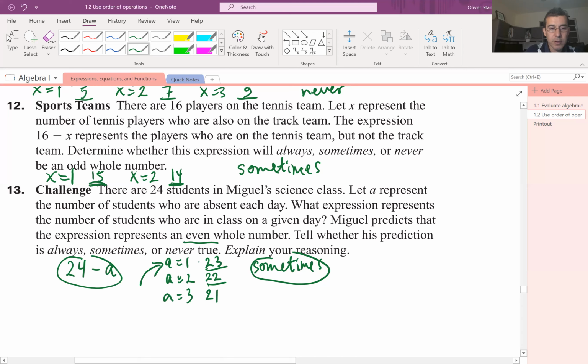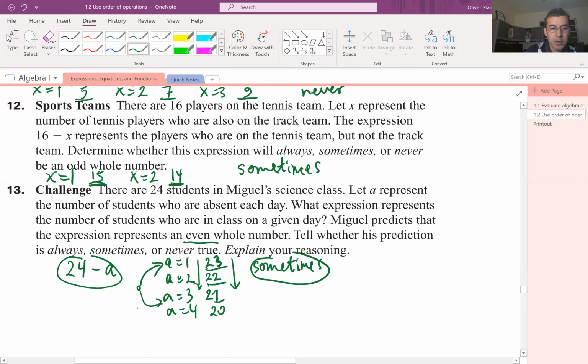You can see it's always increasing by 1 here, and here it's decreasing by 1. Okay, so we can just keep going, but it's always going to be this is increasing by 1, this is going to be decreasing by 1, right? Because 24 minus 4 is 20. So when it's an odd number of students absent, then we're going to get an odd number of students present.